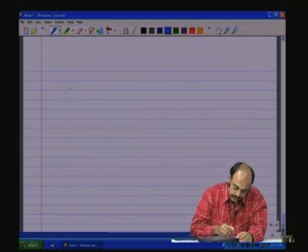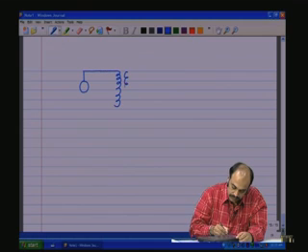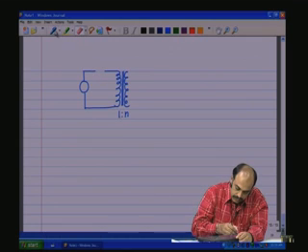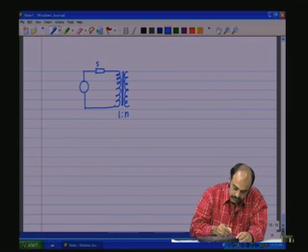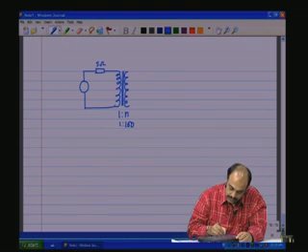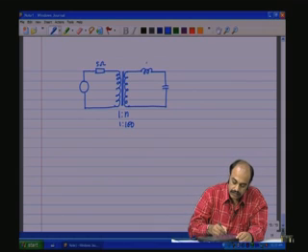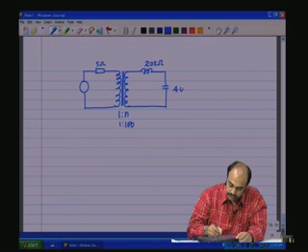So, if I have a transformer with a core, 1:N, and let us say I have a series resistance of 5 ohms, and this is 1:100, N is 100, and on the secondary side I have an inductance and a capacitance, inductive reactance of, let us say, 20 kilo ohms, capacitive reactance of 40 kilo ohms.